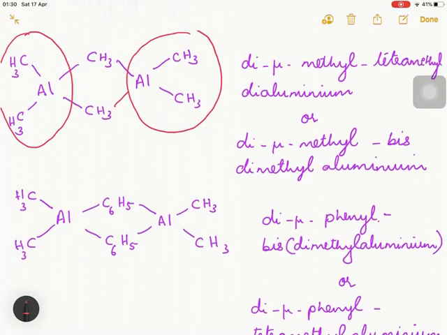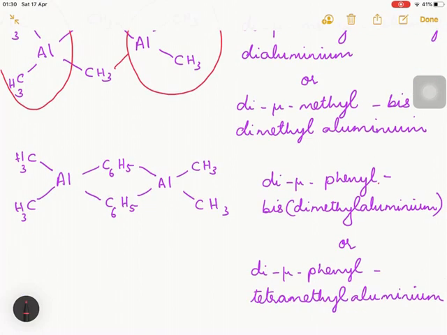So in another way, we can write the name of this complex as di-mu-methyl bis(dimethylaluminium).